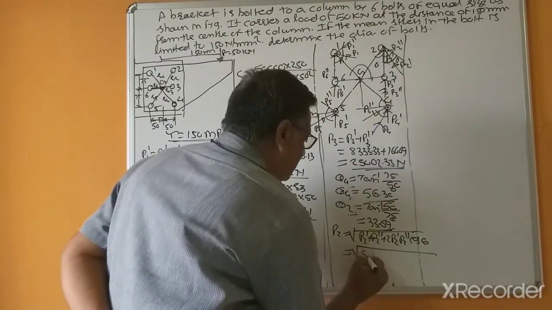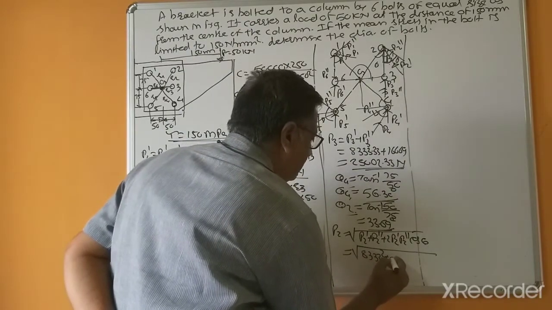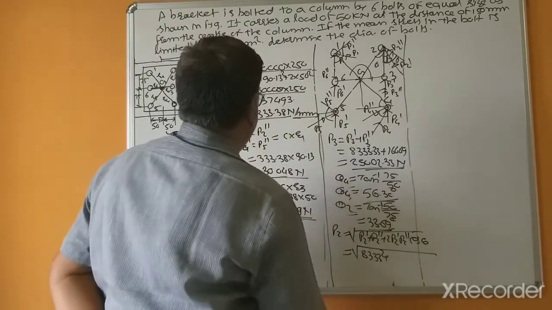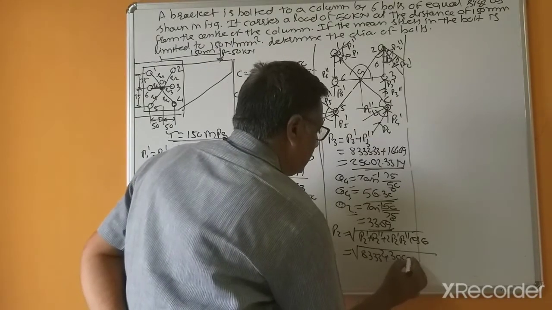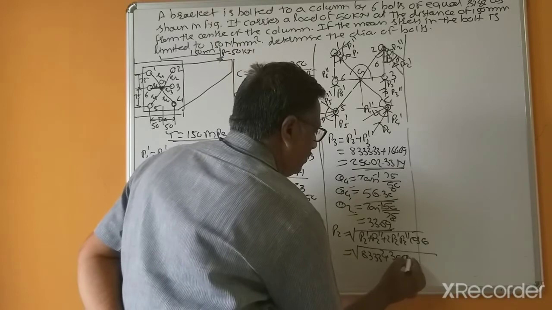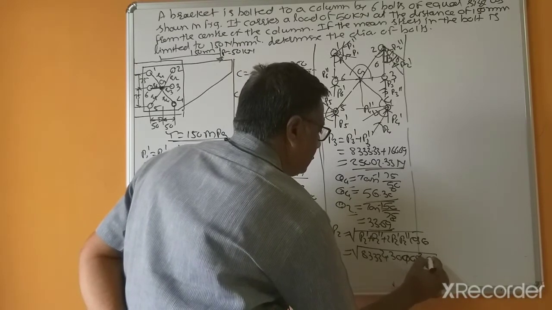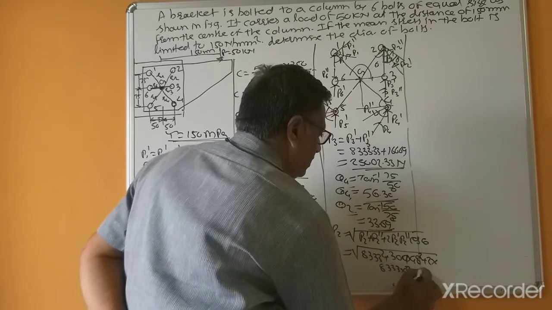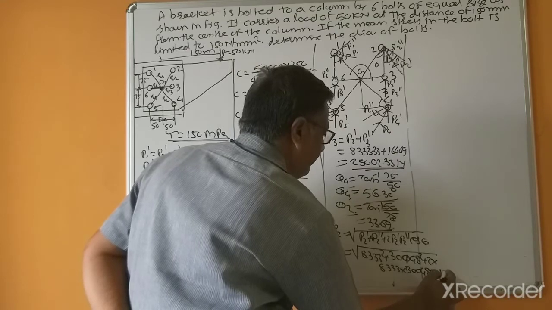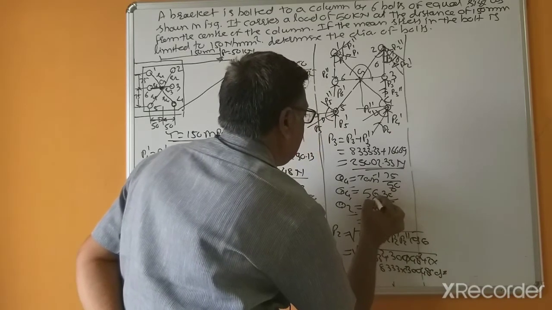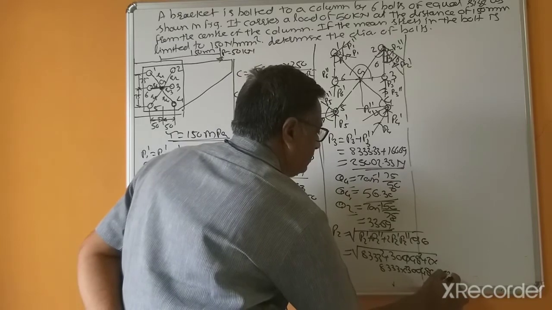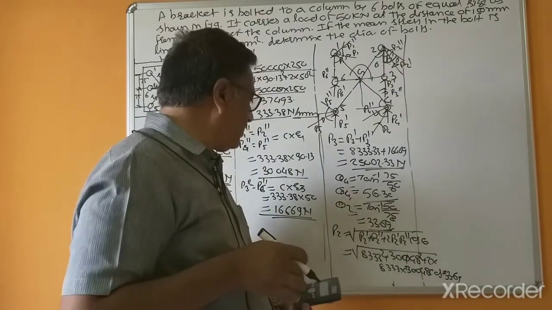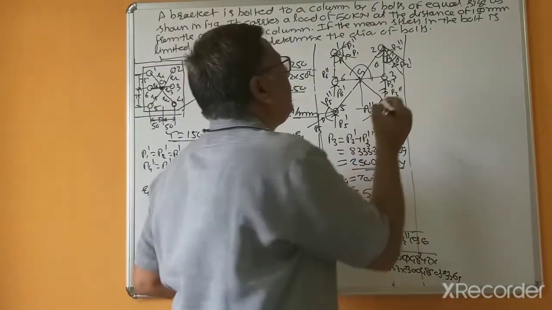I am taking round figures: 30,000 48 square plus 2 into cos 33.69. So definitely because this angle is small, you will get this value greater, means the load on the second bolt is greater.